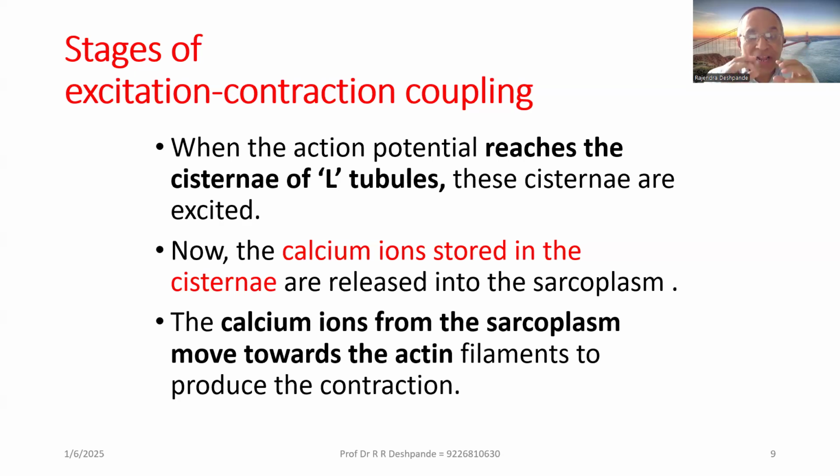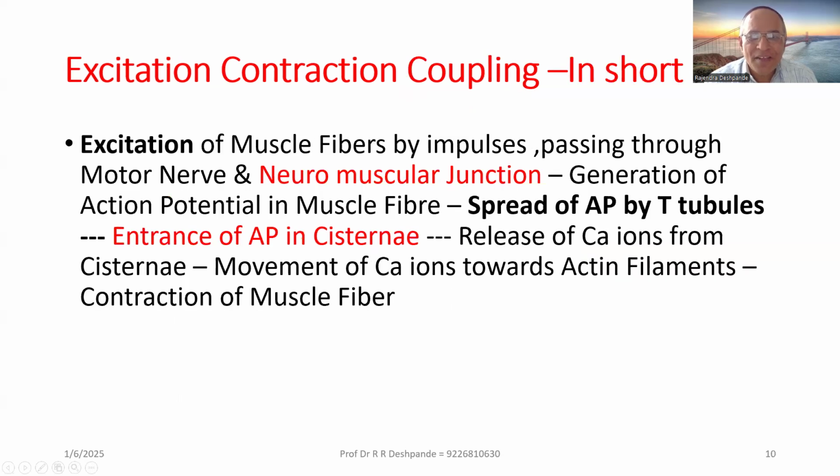Now, the calcium ions stored in the cisternae are released into the sarcoplasm. The calcium ions from the sarcoplasm move towards the actin filaments to produce the contraction. You know, actin and myosin are responsible for contraction.